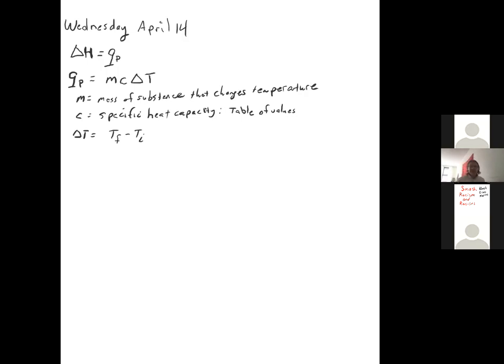The one we looked at yesterday was a little different. It was where you had to find the specific heat capacity given the amount of heat that was added to the system. But now we'll look at an example where we are using the specific heat capacity.